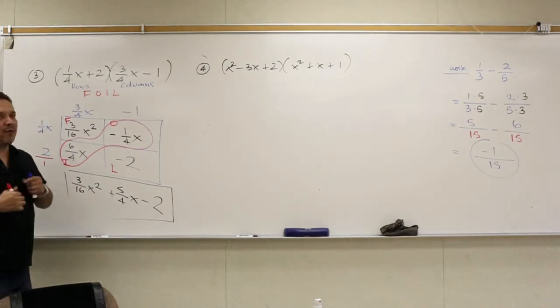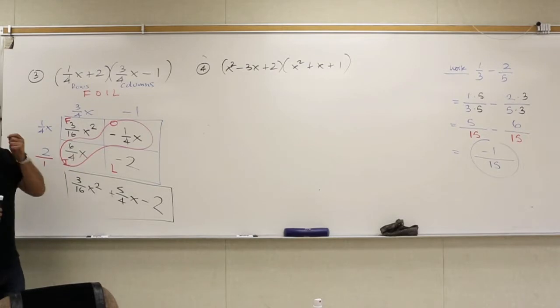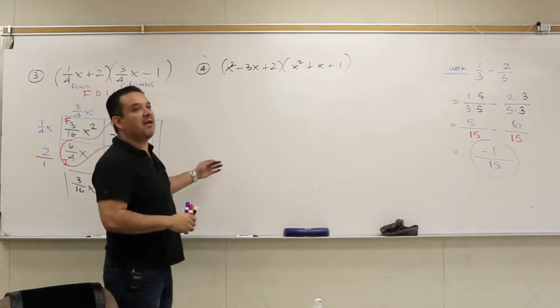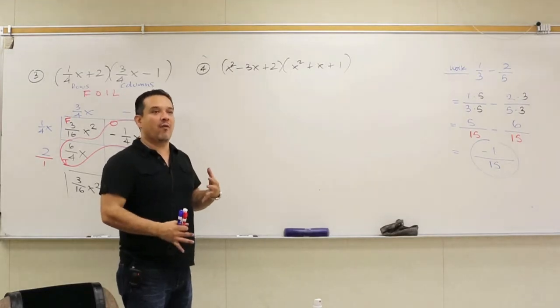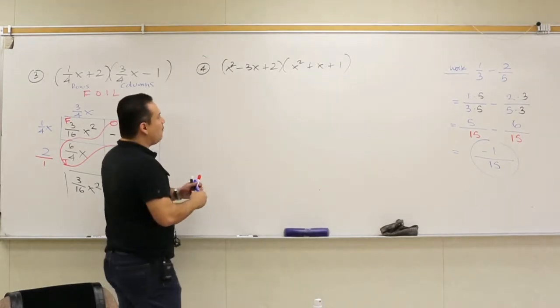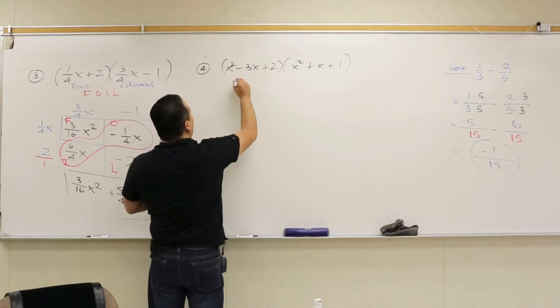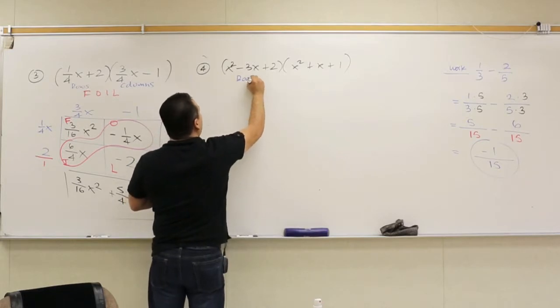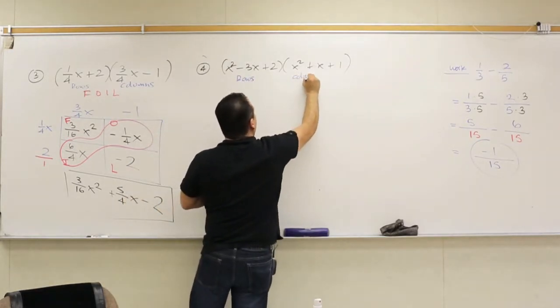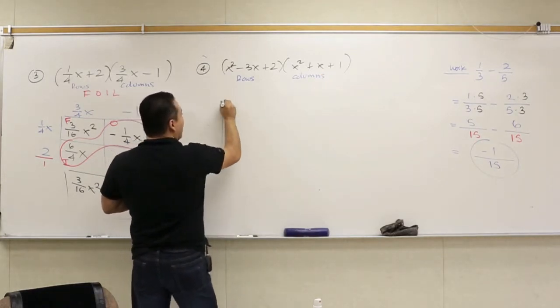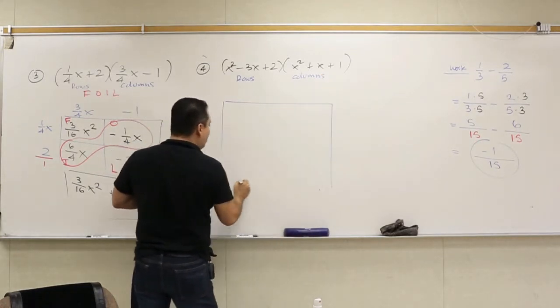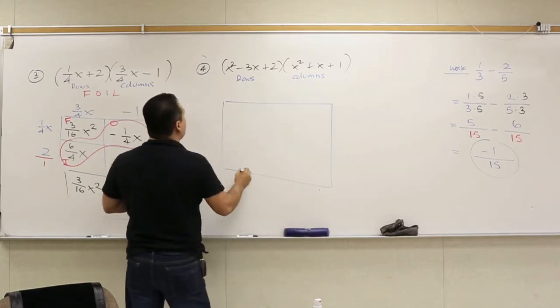So the reason I stick with the boxes is because you can use this box technique in general, and when we have no acronym for it, you know. So I just have to think of, well, these are my what? Rows. And what are these? Columns. So that I have 3 rows and I have what? 3 columns.